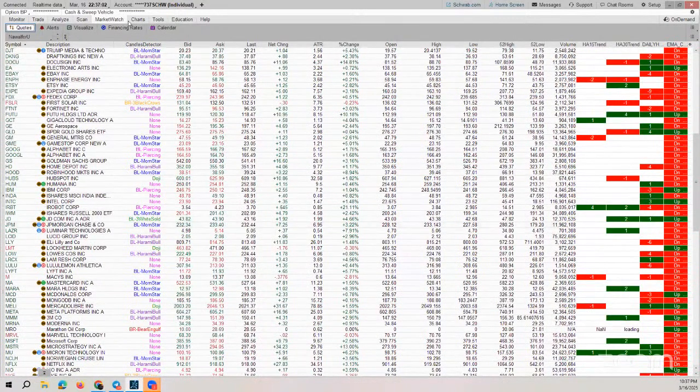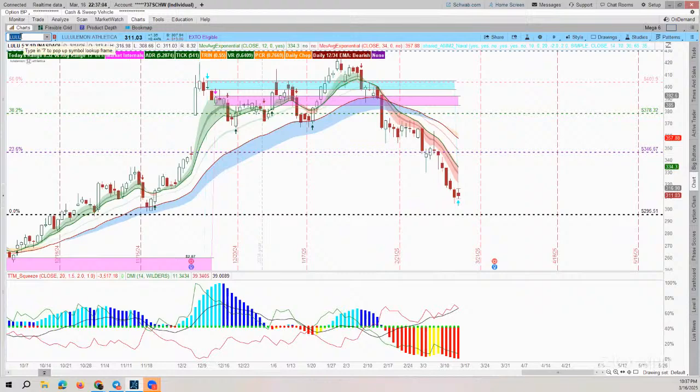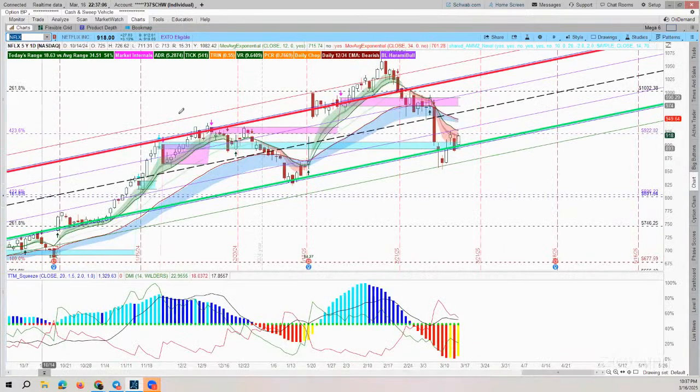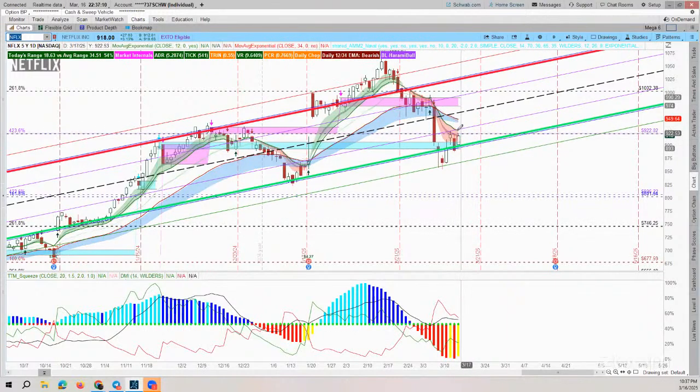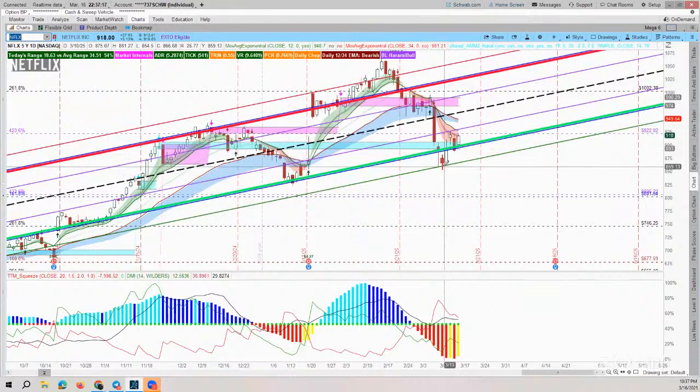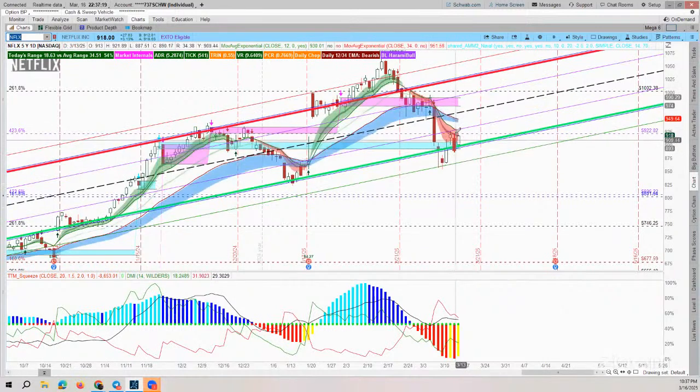Then we have Netflix, Nvidia. Netflix, 922. When it came to 870, I tried long and I shared with you. This was the line. Now it's coming to a back test. So for me, the Netflix move is done. The back test is done.